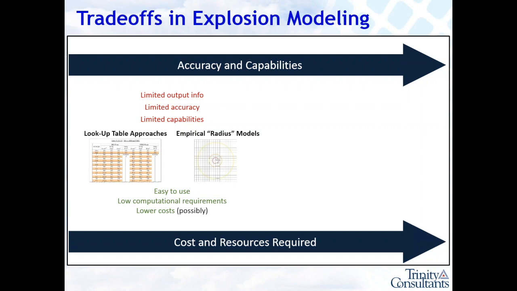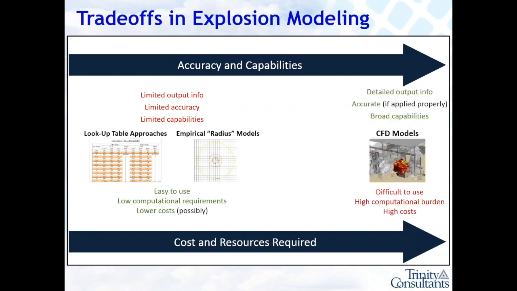So those types of models give you limited output information. It's just basically this is the safe distance, and they have limited accuracy and capability because they're assuming completely flat open areas and aren't modeling any damage to buildings or anything like that. The advantage of those models is they're relatively easy to use and can run on any computer.